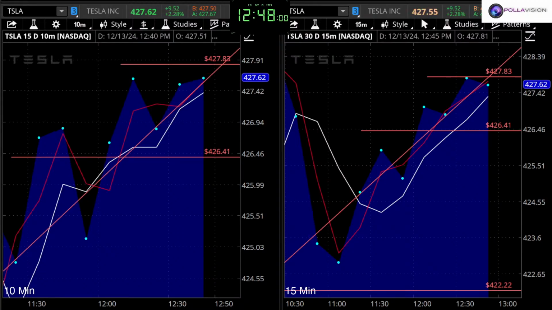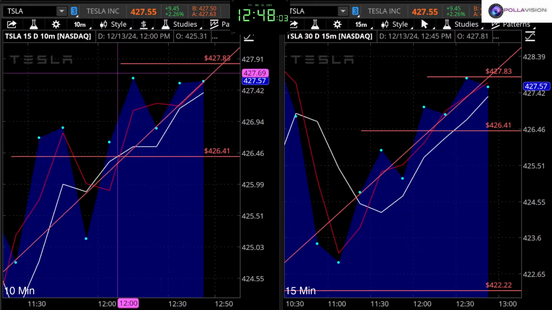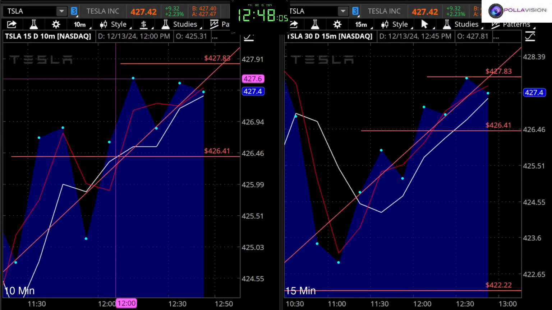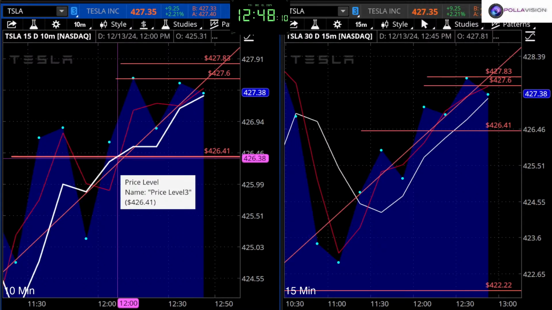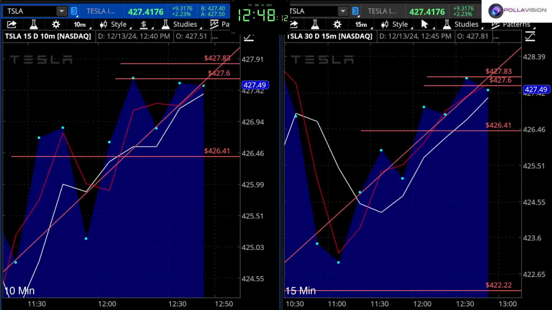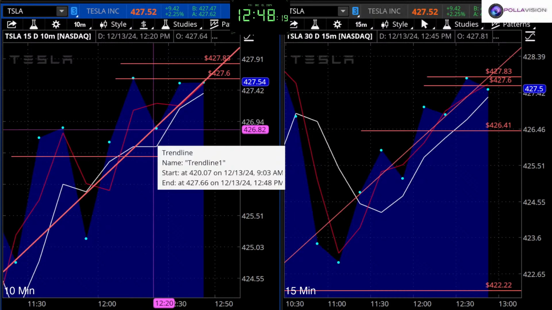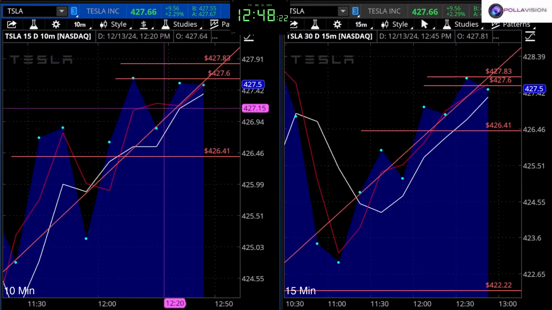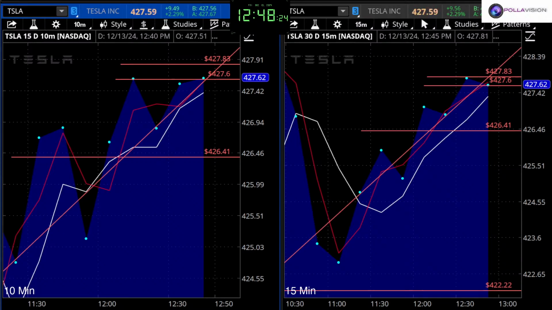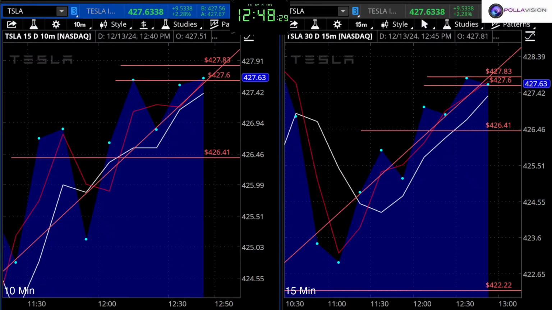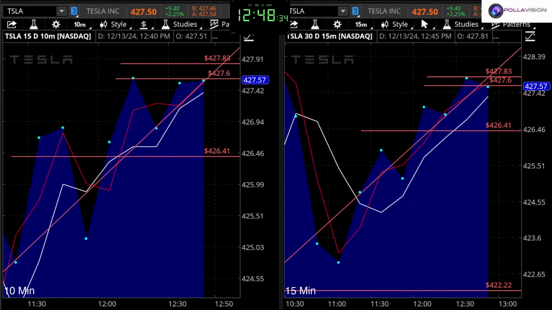All right, so on the 10-minute, you can see we're getting lower. Our new high did not hit the old high. I use these for determining if the price is going to continue to move or did it stall.